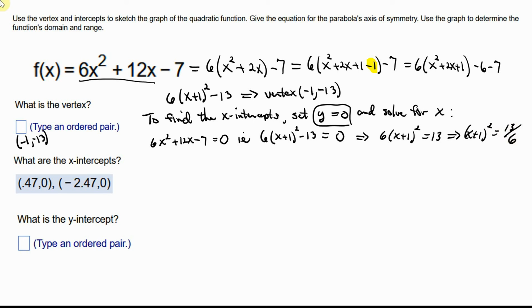And then take the square root of both sides. That's going to be plus or minus the square root of 13 over 6. So just on a regular calculator, take that square root.